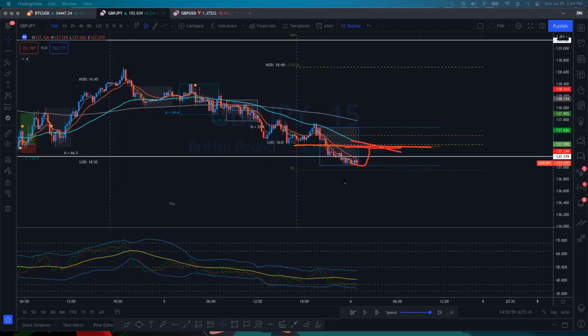So that'd be a pretty badass trade. But yeah, Gerald, type 2 also. Another best scenario would be that you have the 200 here, so the 200 would act as resistance, and you could have a pin to the 200 there as well. So those are all good possible trade setups for a sell.